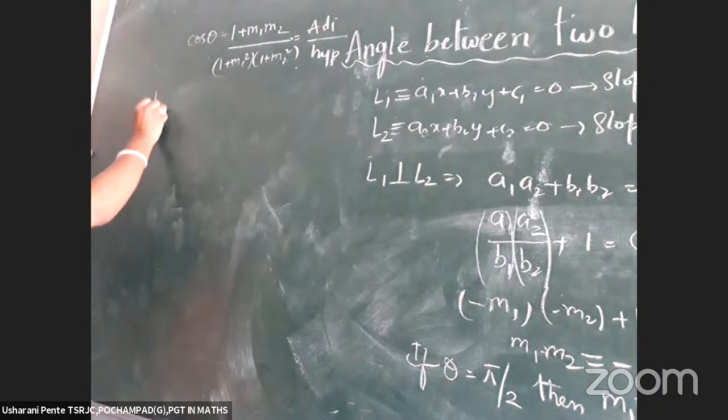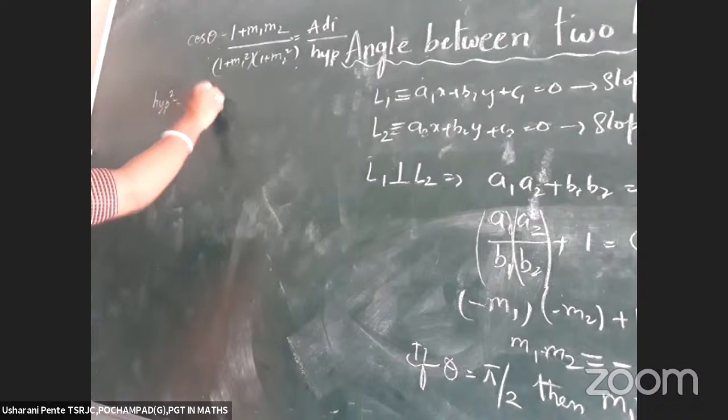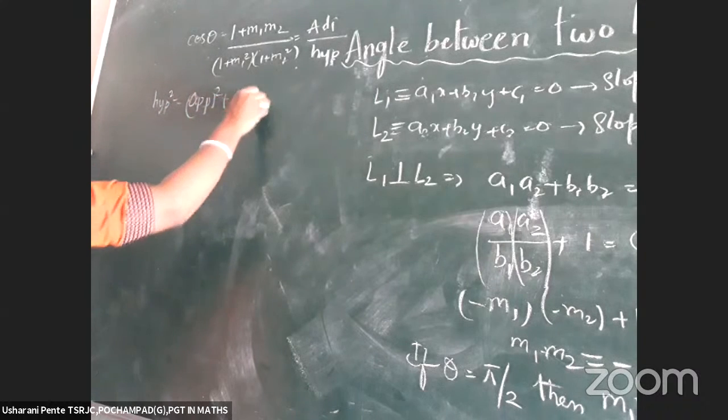By Pythagoras theorem, hypotenuse square is equal to opposite square plus adjacent square.